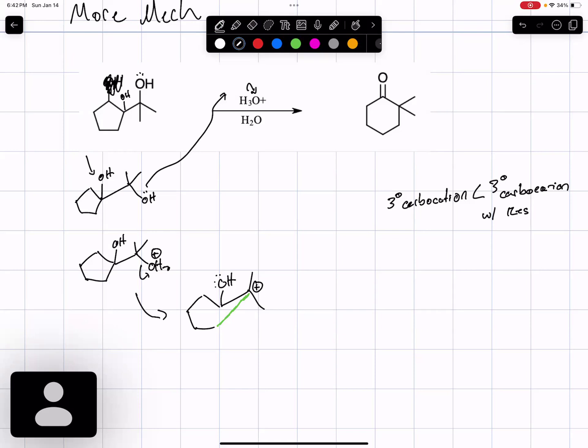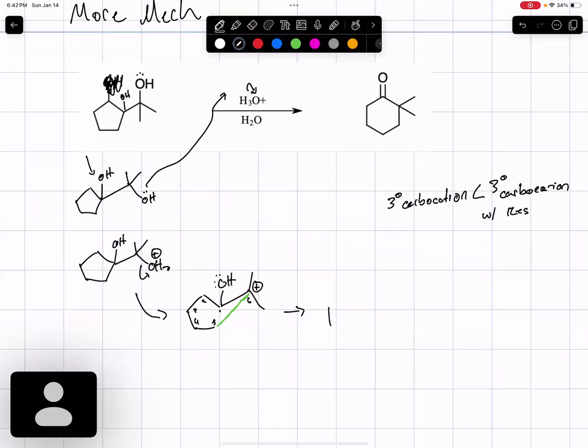Because if I was to number this, this was originally 1, 2, 3, 4, 5. I'm breaking the bond between 1 and 5, and I'm reforming it basically between 1 and 6. Once that happens, you're able to get these two methyl groups on the same carbon, on carbon number 6.